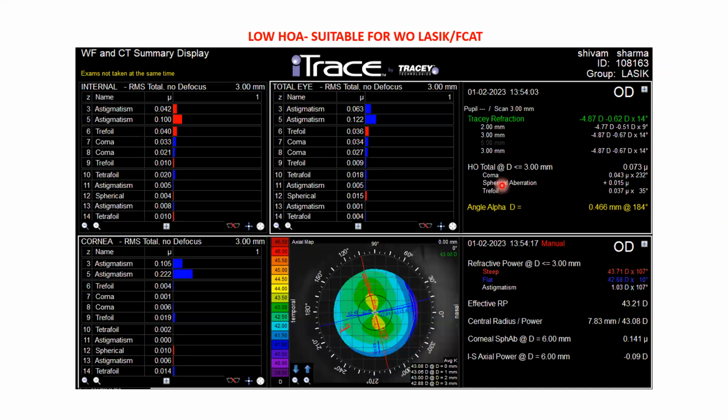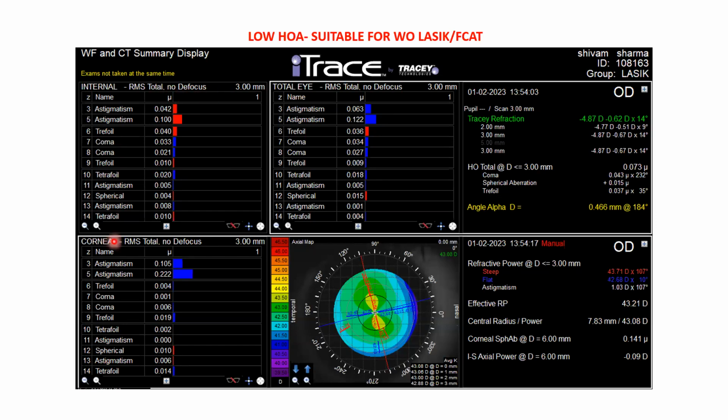In another patient who had come to us for LASIK consultation, we have noted that the internal aberrations are minimal. The corneal aberrations are also minimal. It is important to note here on this eye trace handout that there is no defocus.